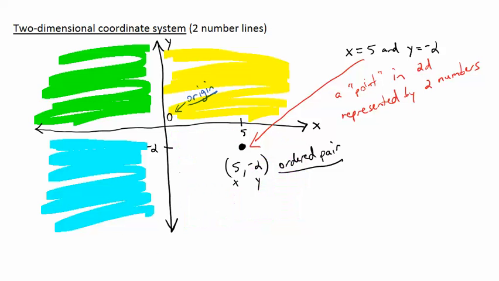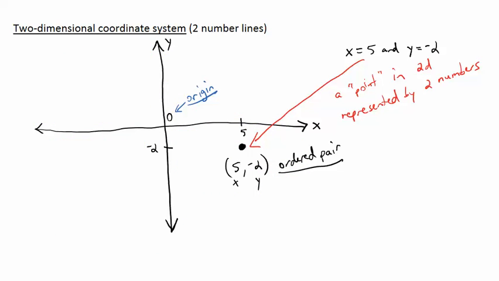Those 4 regions are called quadrants. So this is quadrant 1. The reason this is quadrant 1 is because every point in this quadrant moves to the right and up. When you move to the right, that means your x is positive, and when you move up, your y is positive. This is the most used quadrant.